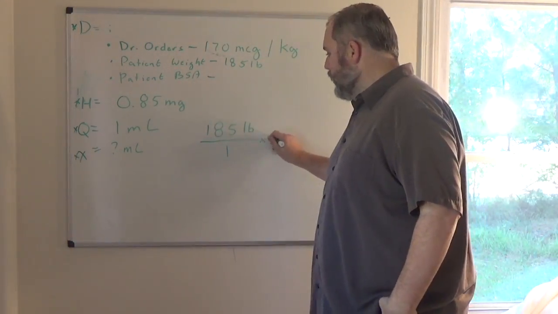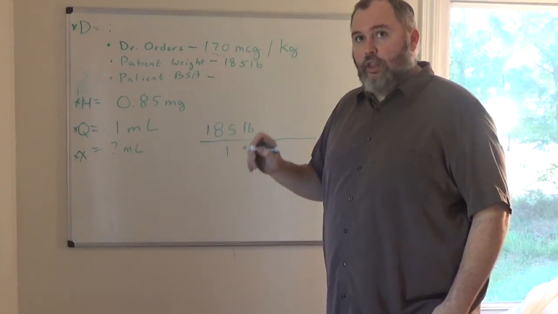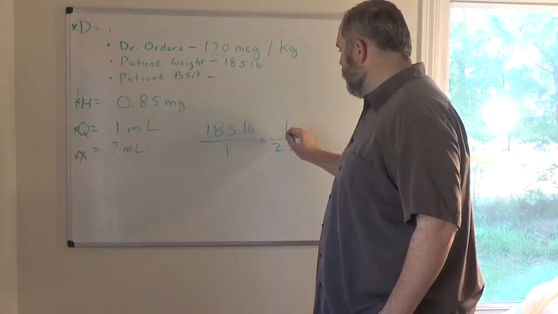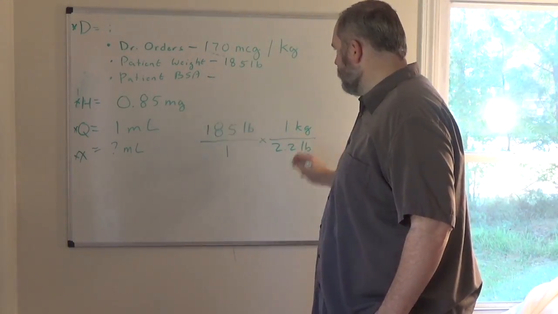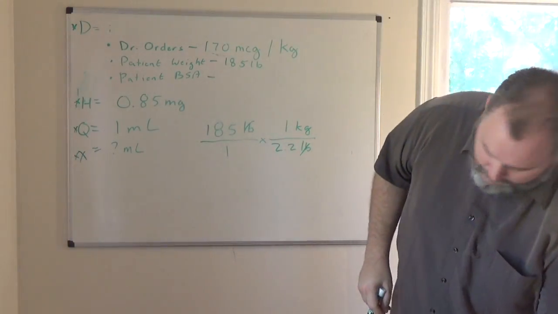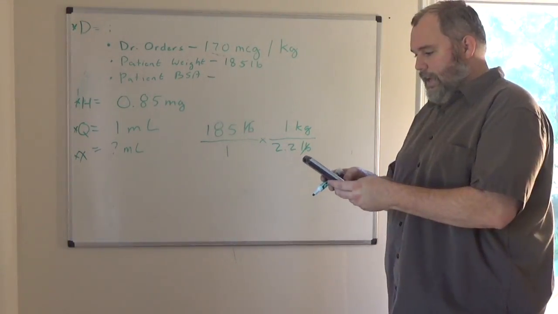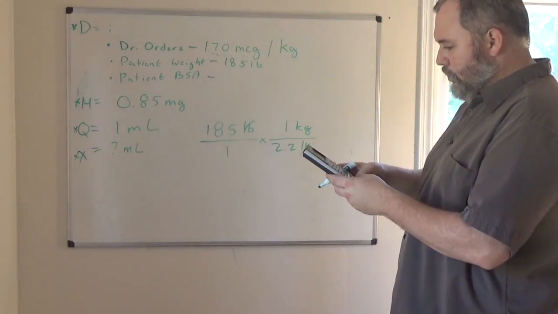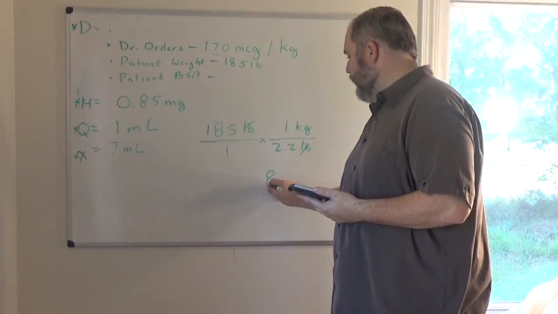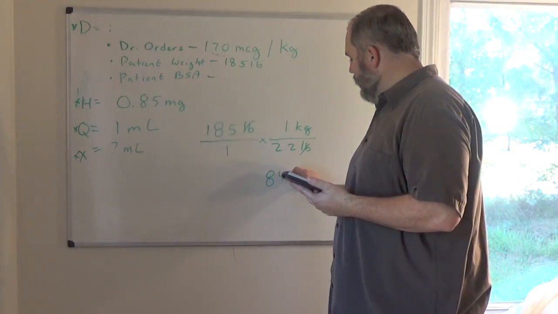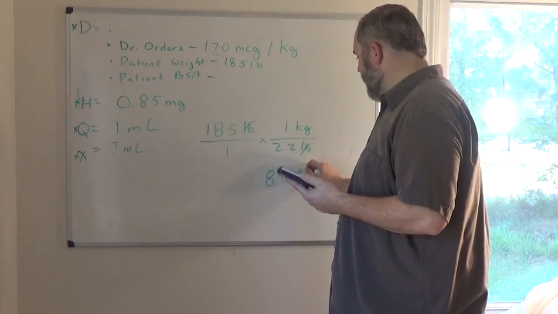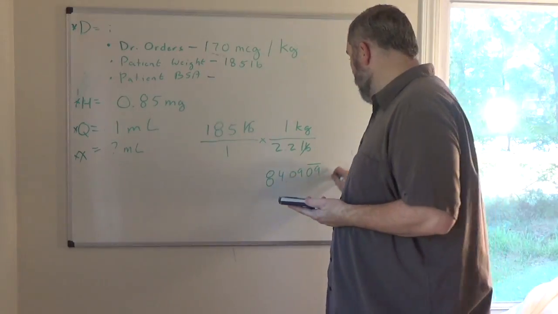Hopefully you found this conversion factor, that 2.2 pounds is equal to 1 kilogram. Work this out. I have 185 divided by 2.2, and we get a weird number: 84.0909, etc., that keeps repeating. And this is our weight.